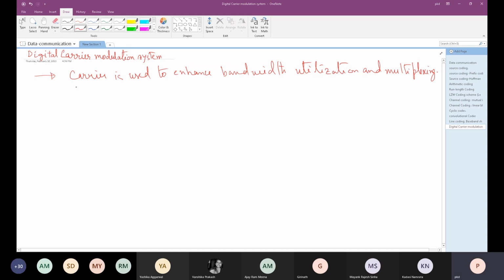However, it also enhances noise filtering, by shifting a low pass baseband to a band pass carrier band.